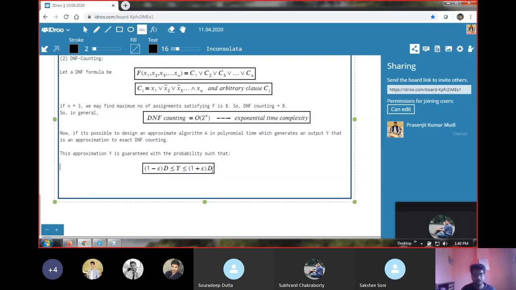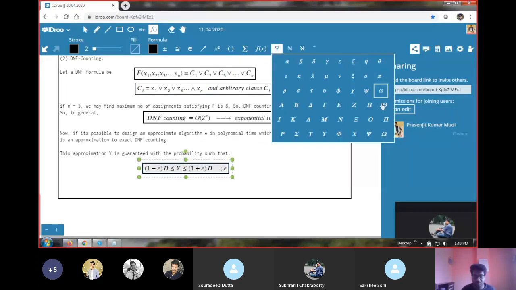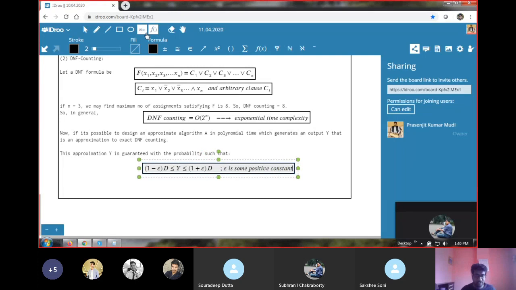Where epsilon is some positive constant. And I will talk about more elaborately in the next class. Epsilon approximation algorithm.